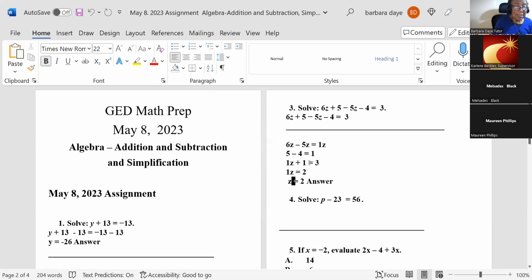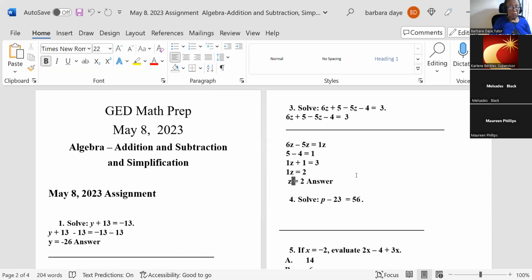Now you've got constants to combine, the 1 on the left and the 3 on the right. So you did the inverse, subtracted out the 1, and that's how you got the 2. So your answer there would just be z equal to 2, because 1z is the same, but normally when it's a 1, it's just a default.